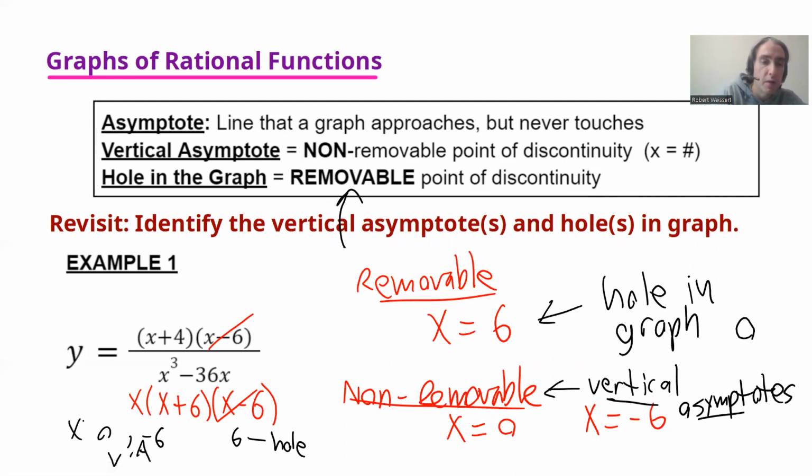And I should say x equals 0 and x equals -6 would be those. x equals 6 is your hole in the graph. So your vertical asymptotes are your non-removable points of discontinuity, and your hole in the graph is simply the one that gets removed. All right, let's go into example 2.